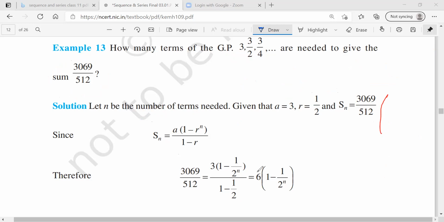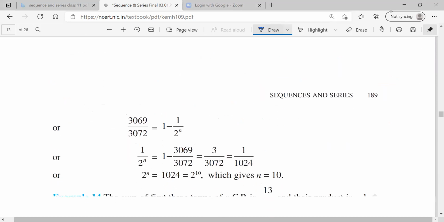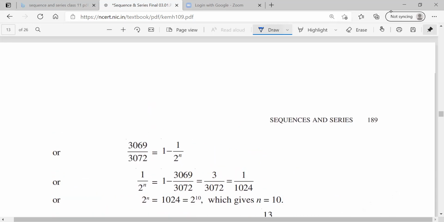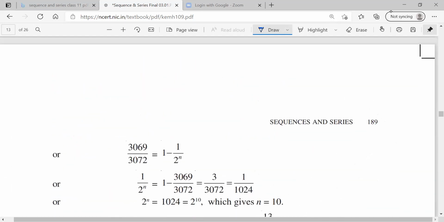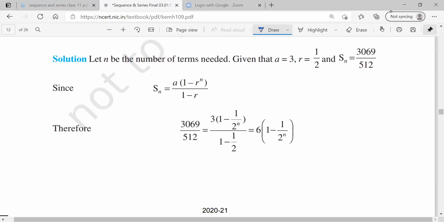This is my first equation. Now I simplify it. They have already given us the answer, 3069 by 512.